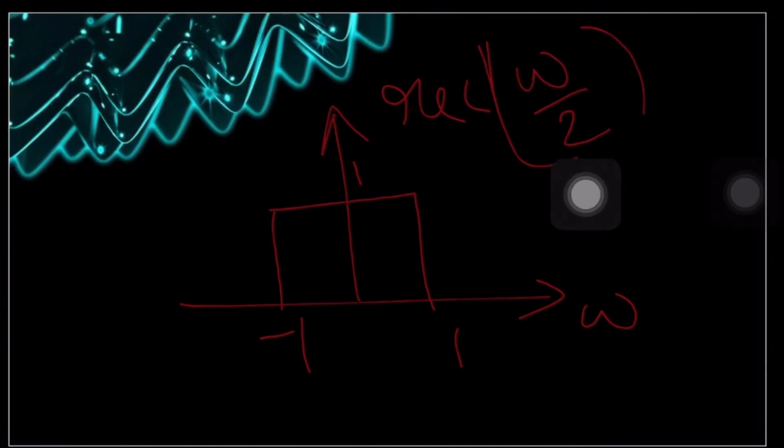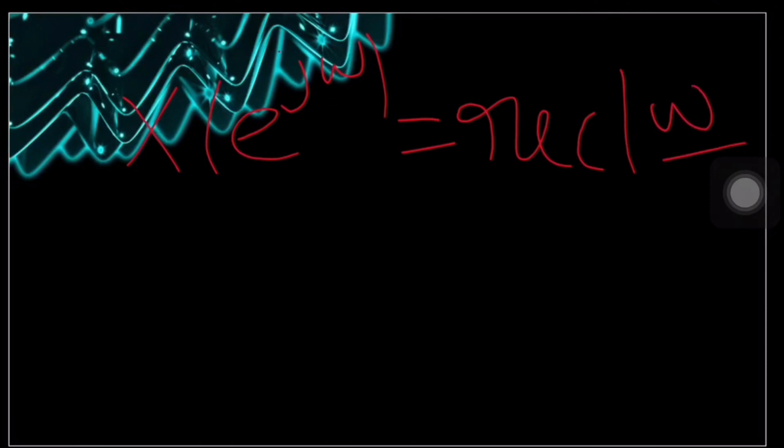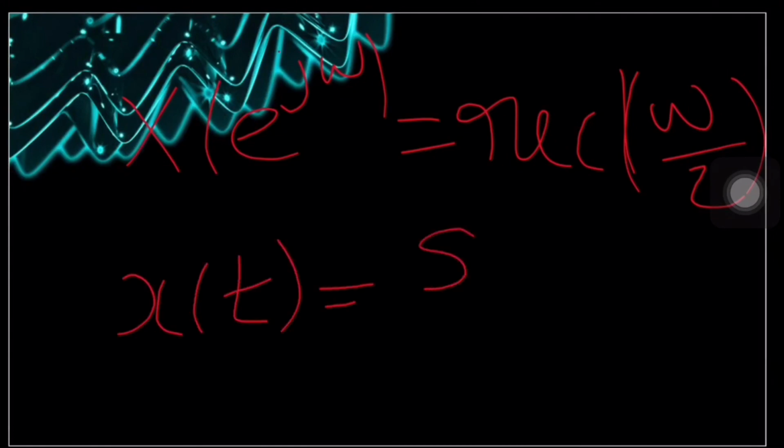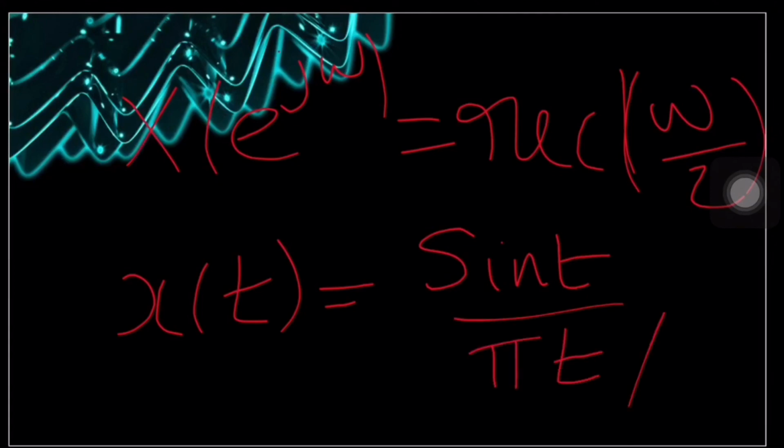Alright, so we get x of e raised to j omega as rectangular function rectangle of omega by 2, and from this x of t can be written as sin t by pi t. Alright, thus our answer is option A.